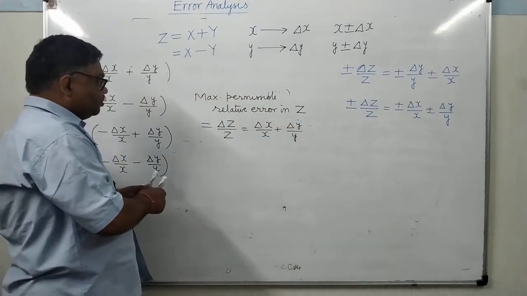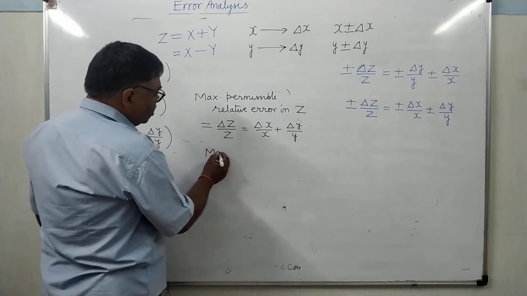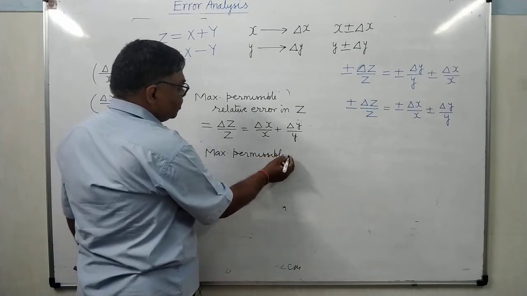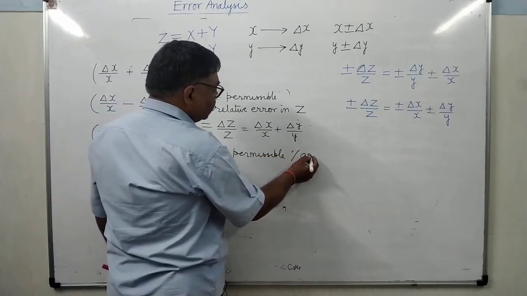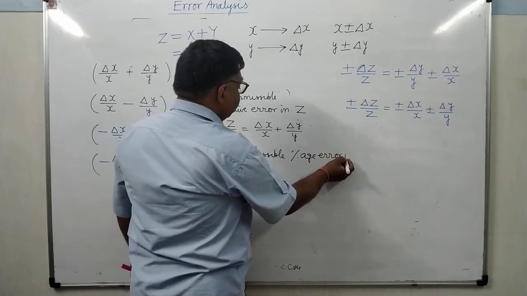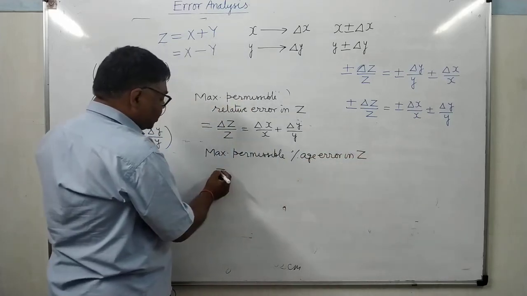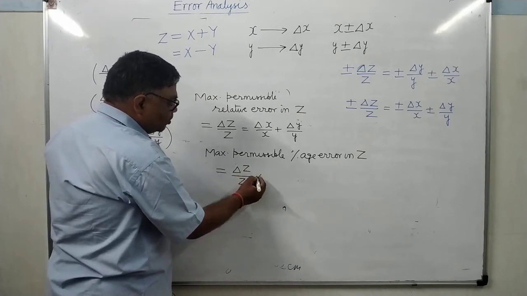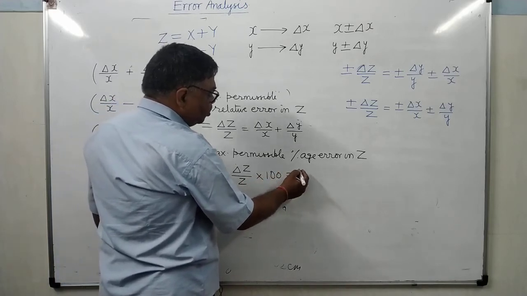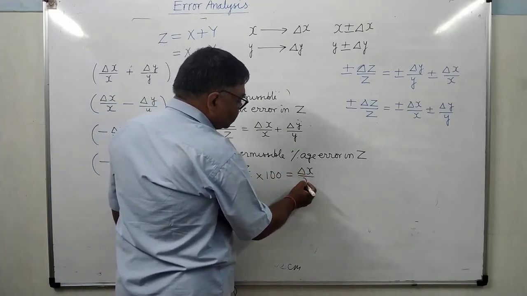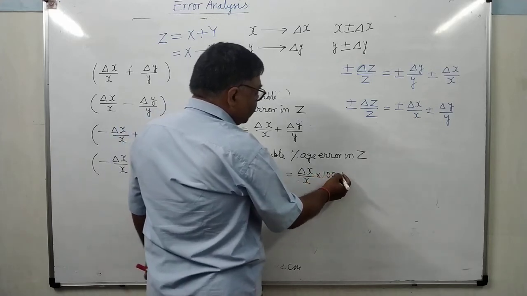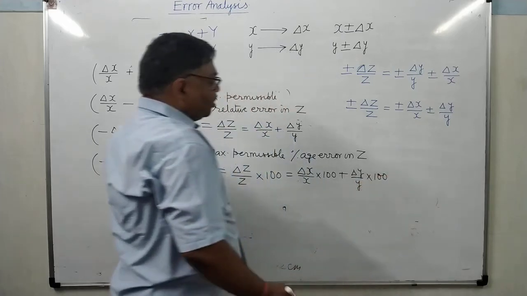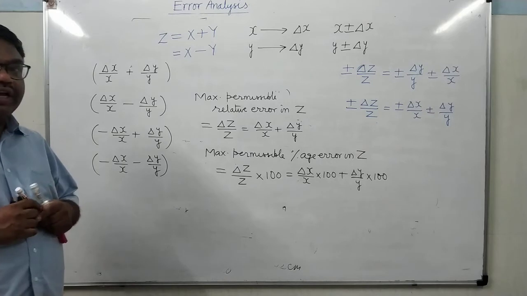Maximum permissible percentage error in z can be written mathematically as delta z upon z into 100 equals delta x upon x into 100 plus delta y upon y into 100. This is the case when z is equal to x into y.